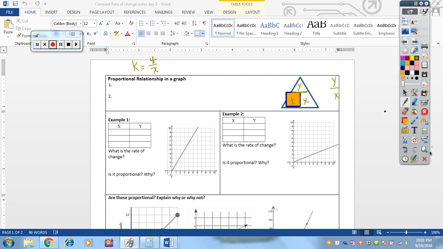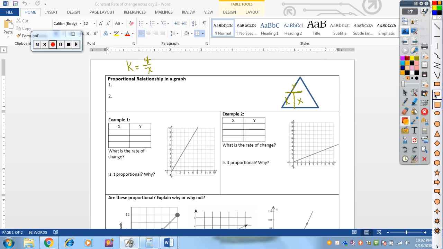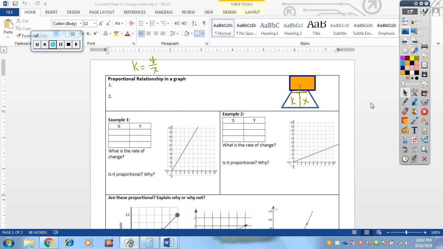Y is on top, right? If you're looking for y, you cover up y. And you're left with k times x.